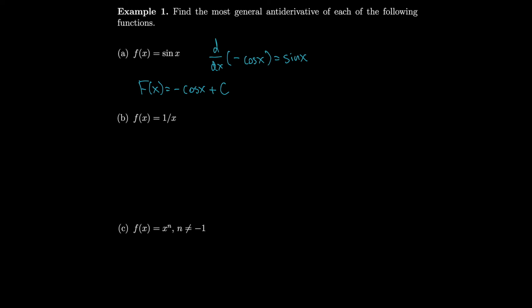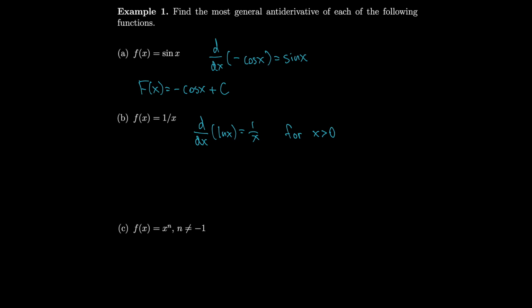Let's look at the antiderivative of f of x equals 1 over x. We know that the derivative of ln of x is 1 over x. So we could say, okay, the antiderivative of 1 over x is ln x plus c. But actually that's not the most general antiderivative, because this only applies to positive values of x.